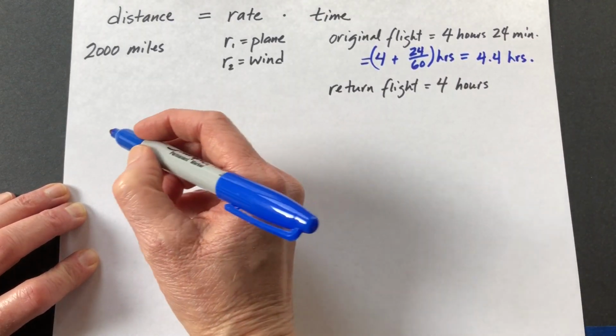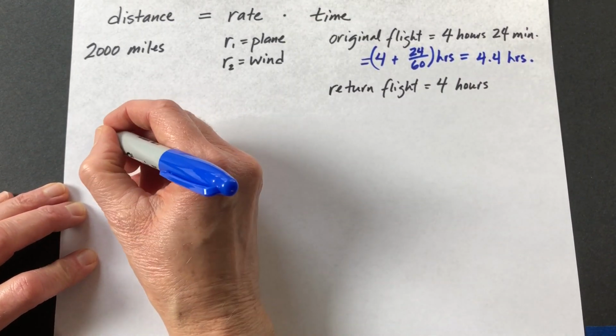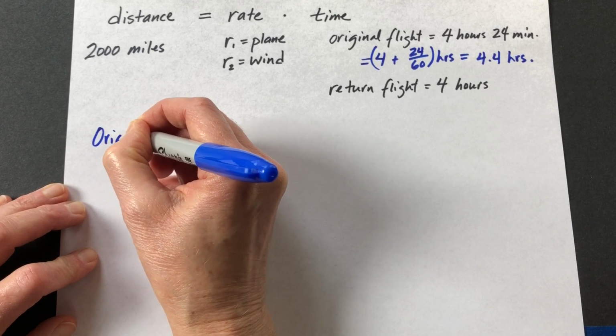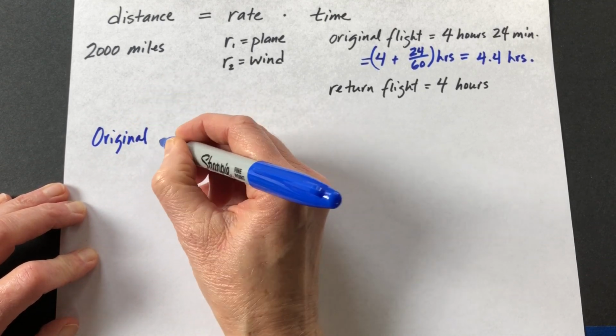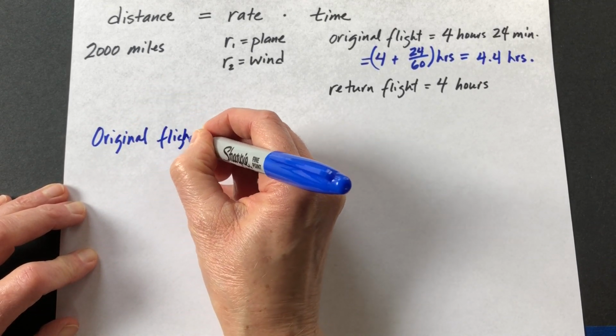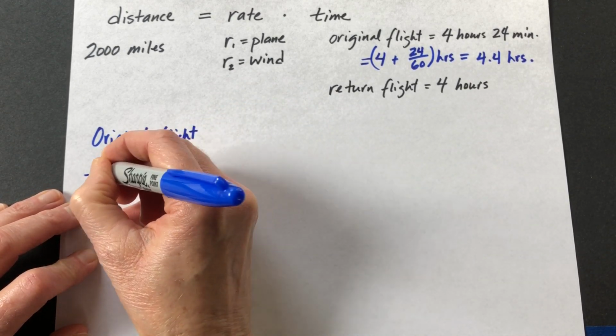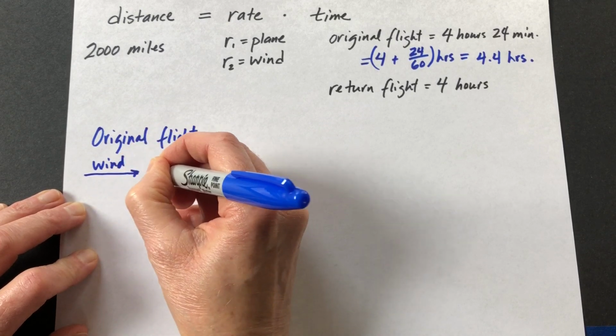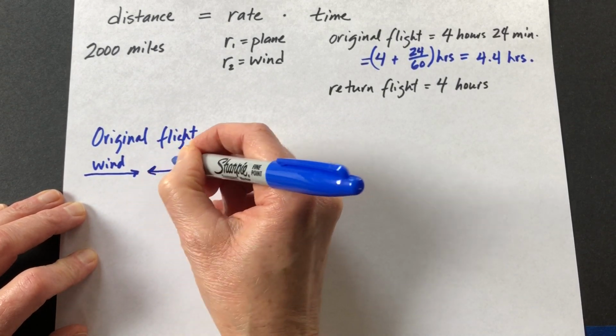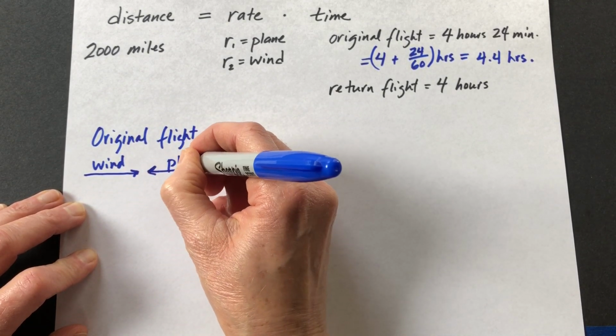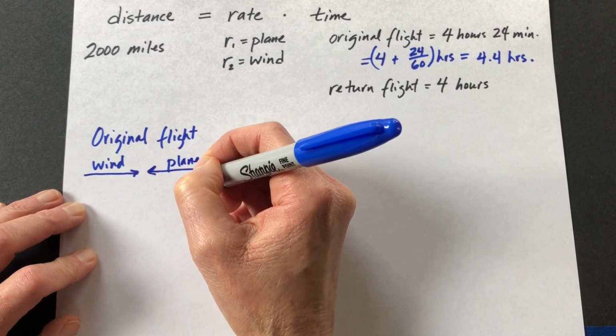So let's think of the original flight, and diagram it a bit just to understand what's happening. We've got a wind, and the wind is actually against the plane. So the wind is slowing the plane down.